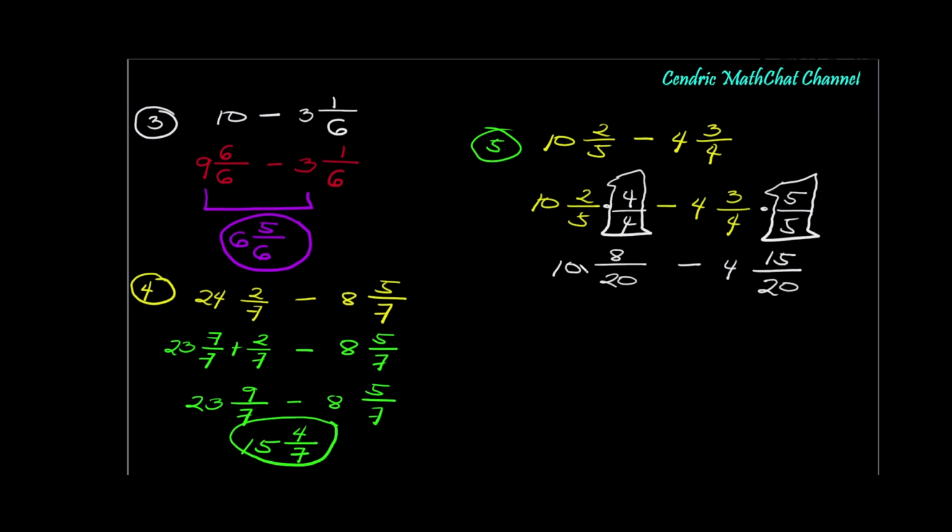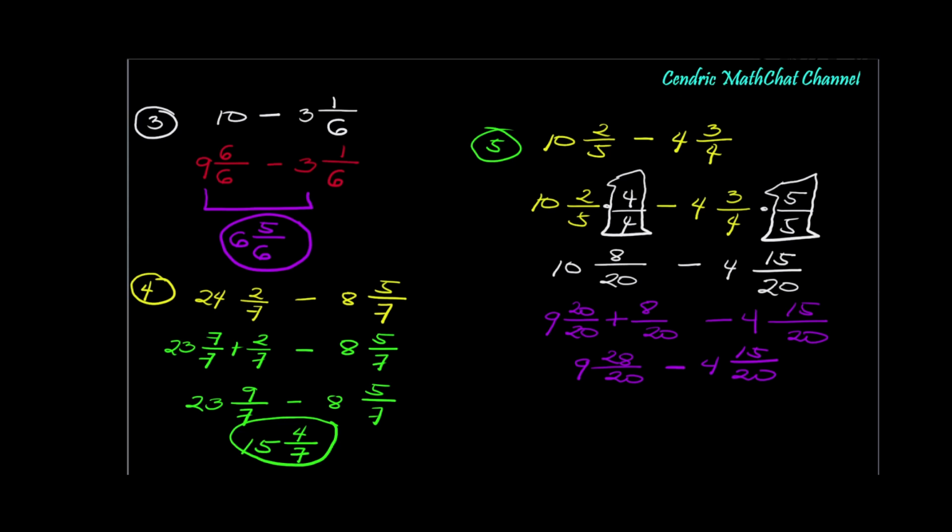So what we need to do is to regroup our 10. So I can rewrite this as 9, 20 over 20 plus 8 over 20 minus 4 and 15 over 20. This would then be 9 and 28 all over 20 minus 4 and 15 over 20.